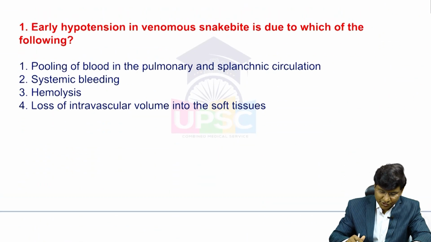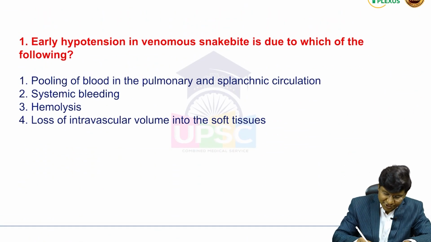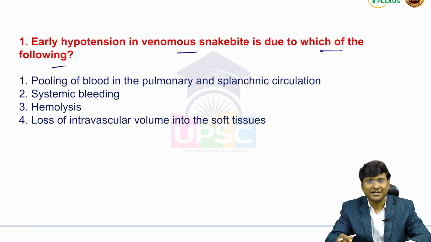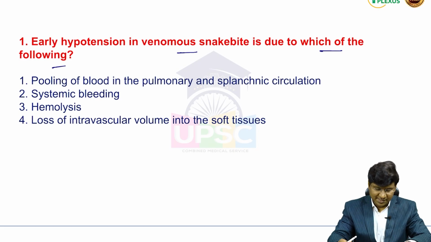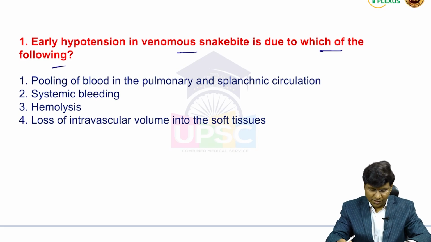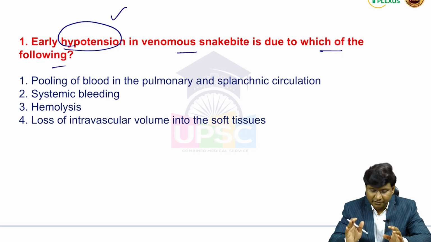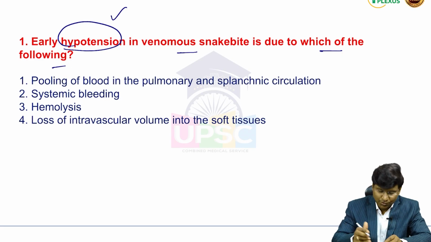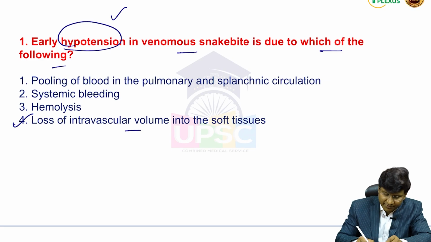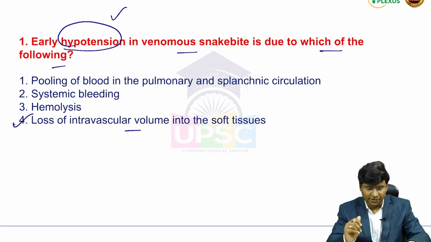So the first question is, early hypotension in venomous snake bite is due to which of the following? Pooling of the blood in the pulmonary and splanchnic circulation, systemic bleeding, hemolysis, loss of intravascular volume into the soft tissue. The mechanism for the development of hypotension in case of venomous snake bite is due to loss of intravascular volume into the soft tissue.